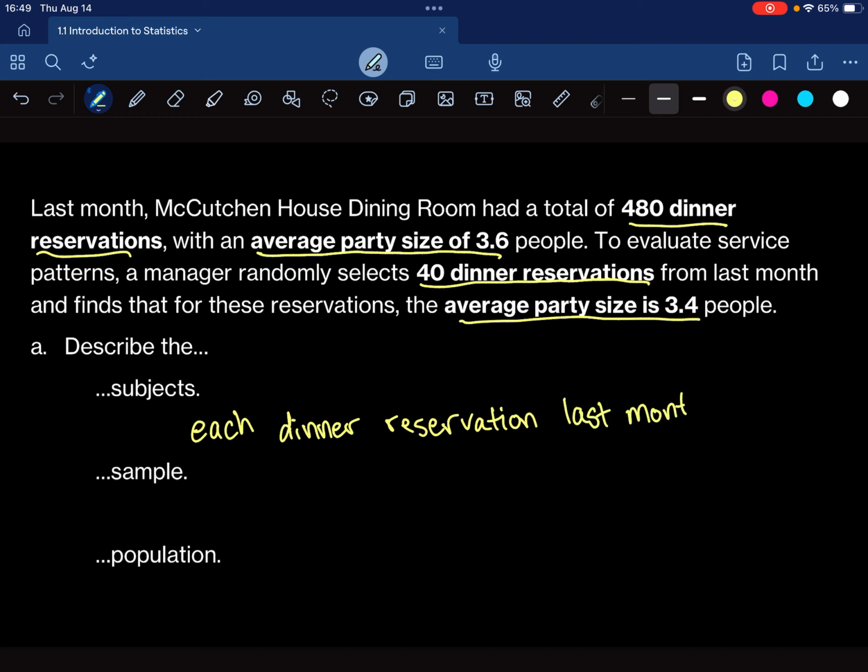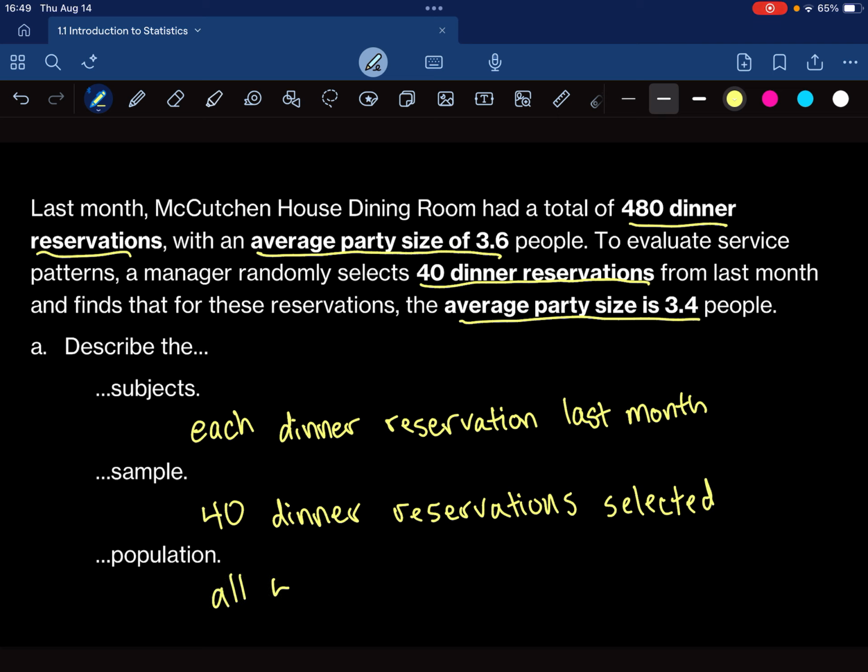For the sample, we're going to look at the 40 dinner reservations that manager selected. And finally, for the population, it's going to be all 480 dinner reservations that they had last month.